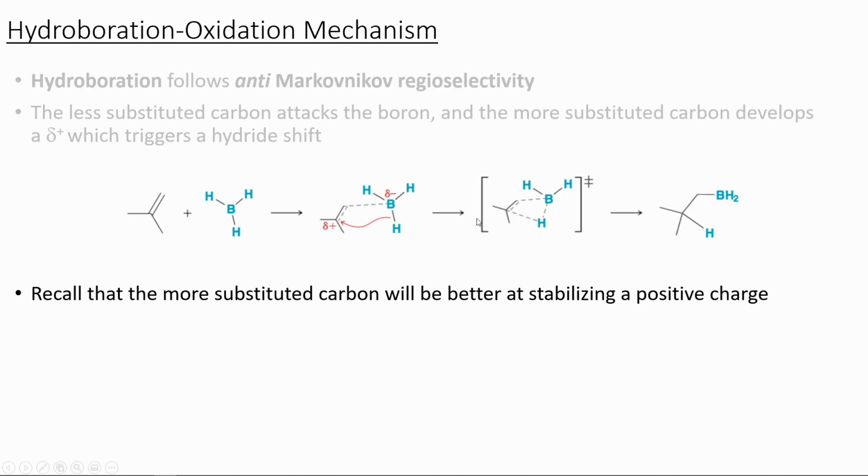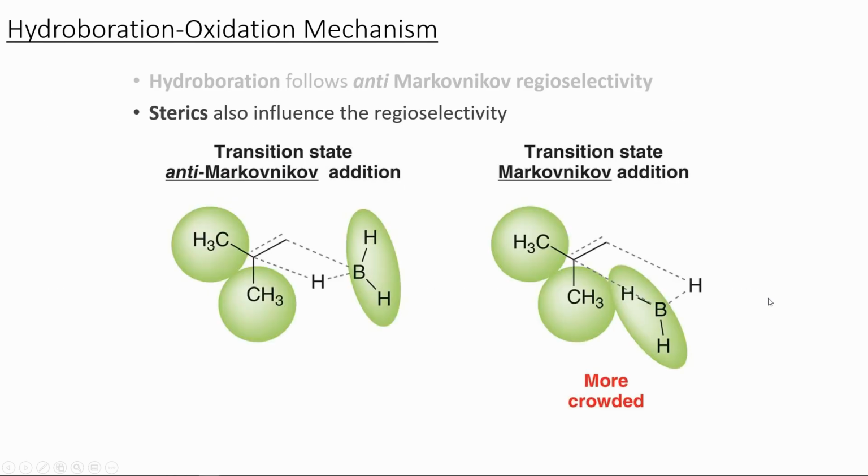Since the intermediate is going to build up partial positive charge, we're going to want that to occur on the more substituted position, because the more substituted carbon will be better at stabilizing this positive charge. Sterics is also going to play an important role in the regioselectivity.